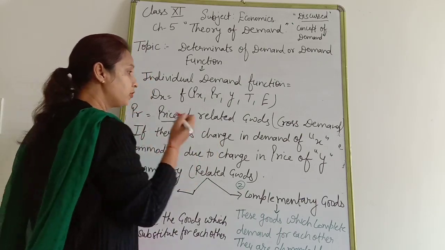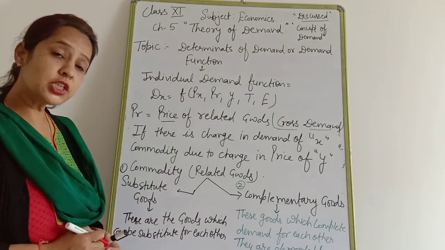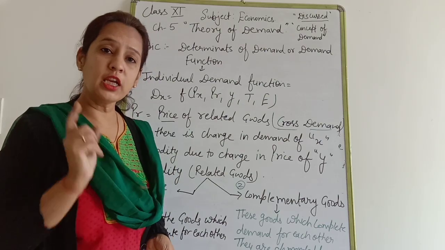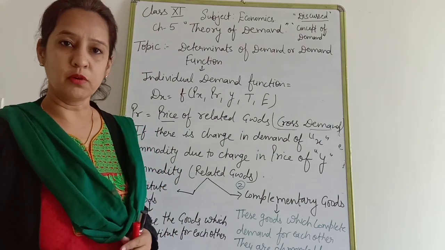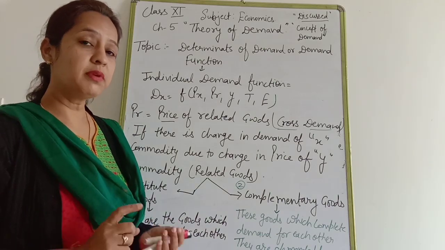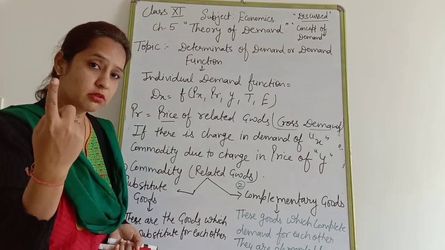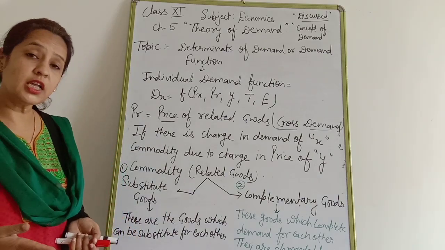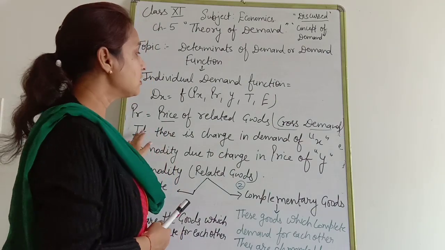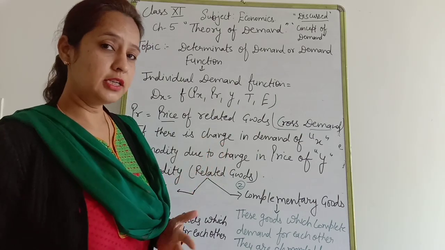What is the meaning of cross demand or price of related goods? It means change in the demand of X good due to change in the price of Y good. Why? Because X and Y are related goods, which affect each other.